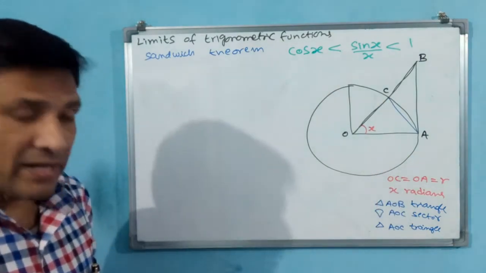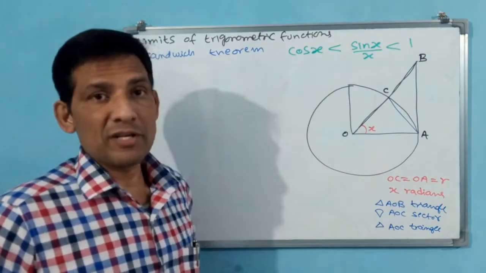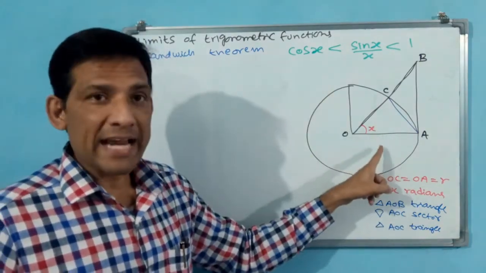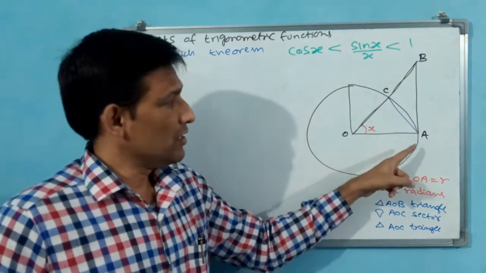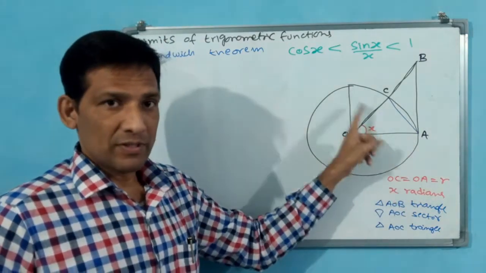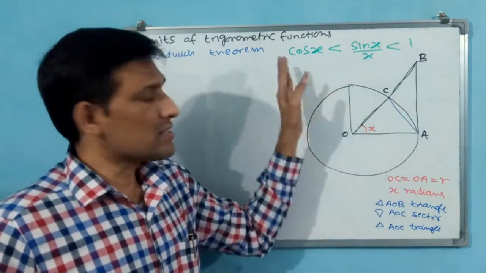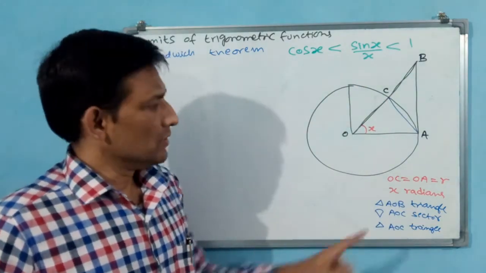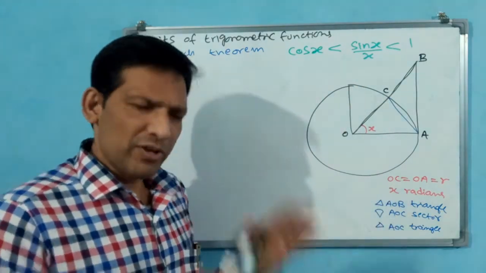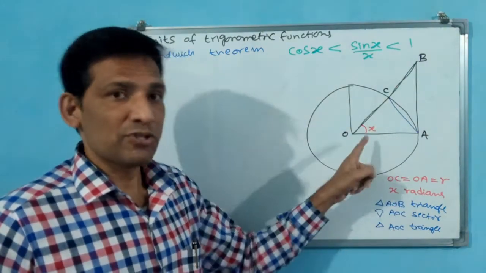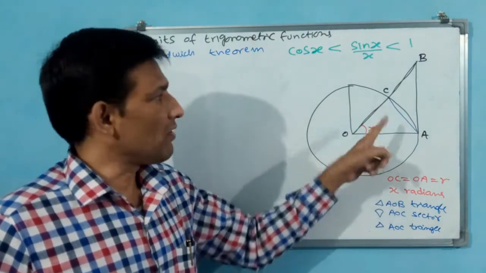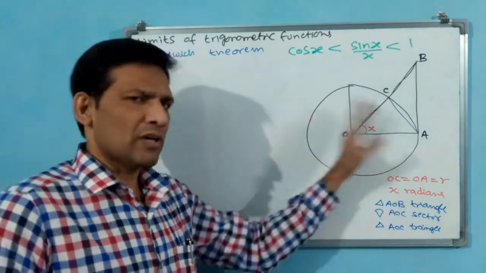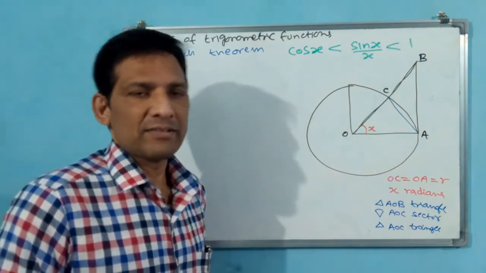Again and again I am telling, this sandwich theorem is applicable for a positive angle in the first quadrant, 0 to pi by 2. Why? Because in the first quadrant cos, sin, tan are all positive. Modulus x, I told, x is a positive angle, so all positive will come.